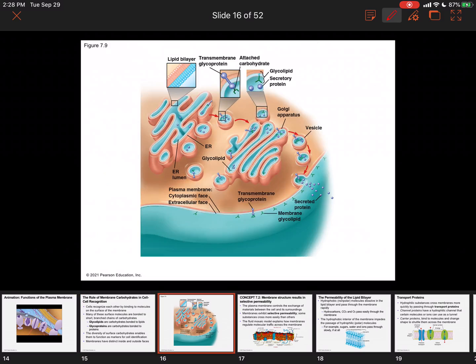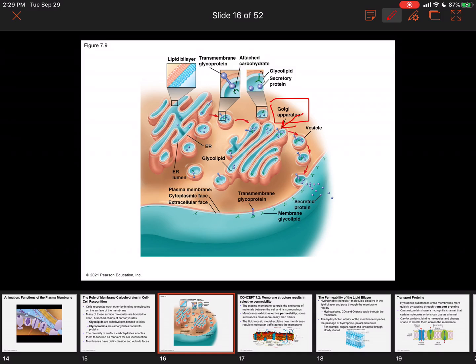And so here's an example of that. Let's just use the Golgi apparatus. So here's the Golgi apparatus, pointing right here. And we can see that it's got some glycolipids that are attached to it, and those little tails, those carbohydrate tail portions that are attached, are showing the sidedness of the Golgi apparatus.